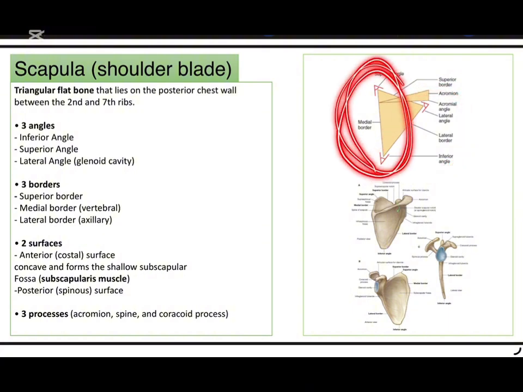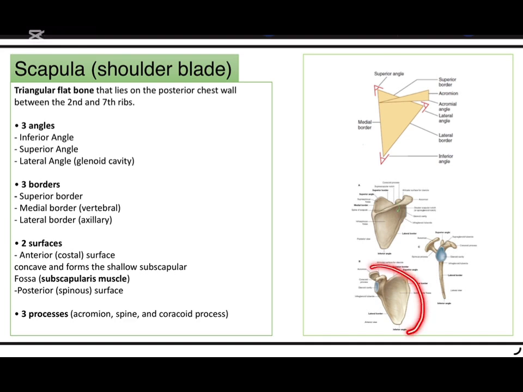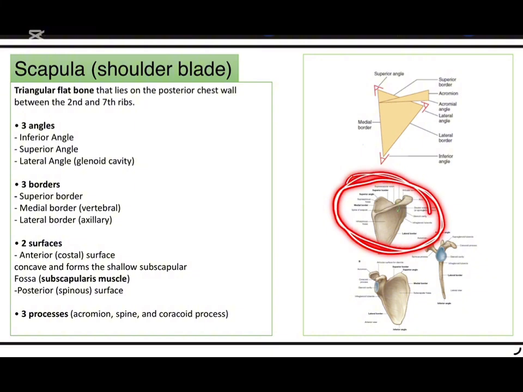And finally, I have here the lateral border located between the lateral angle and the inferior angle, okay? What about the surfaces here? I have anterior surface, or we can call it the costal surface, okay? And finally, I have the posterior surface, okay?